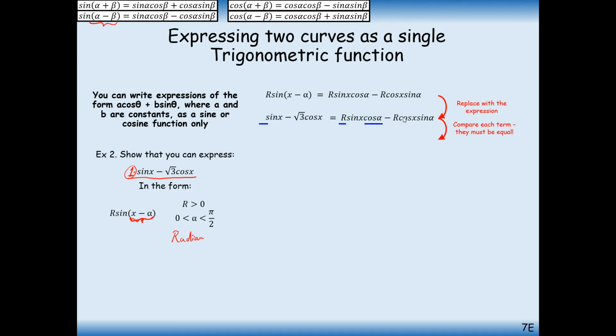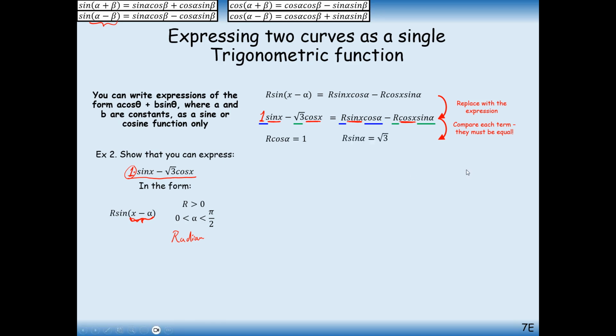Okay, so because this sine matches up with this sine x, and this cos x matches up with this cos x, the remaining terms underlined in blue will be equal to each other. So from that, R cos alpha is 1 and R sine alpha is root 3.